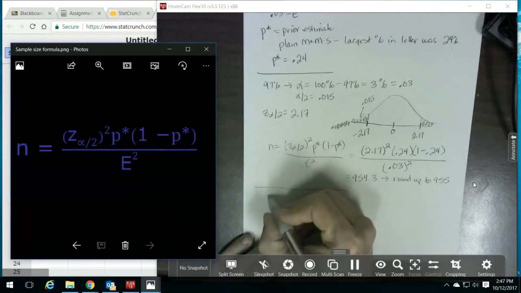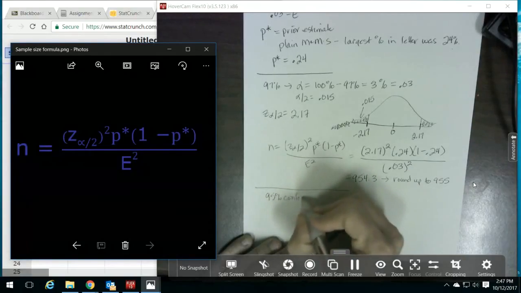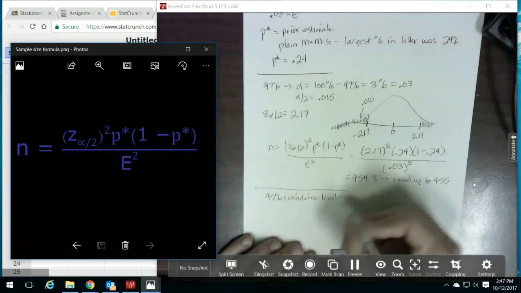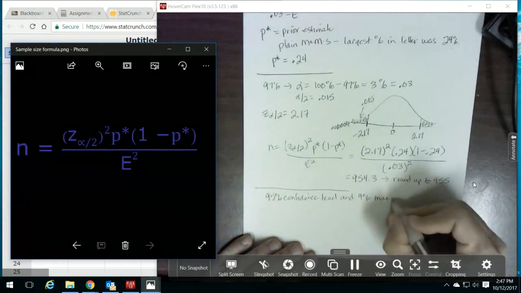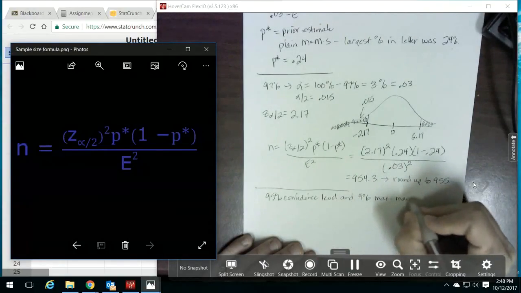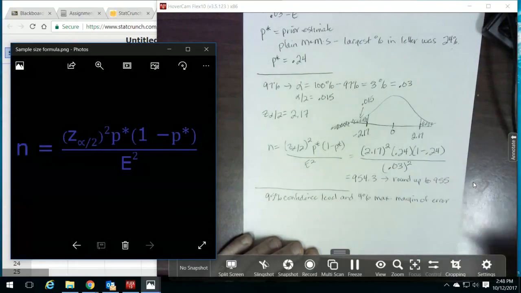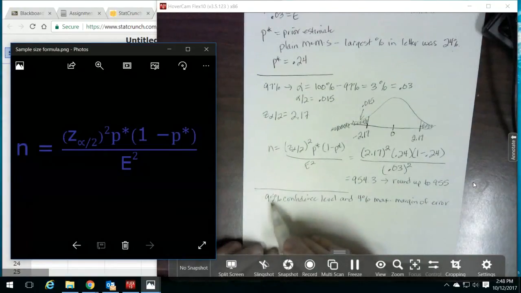Let's say that I decide to use a 95% confidence level and 4% maximum margin of error. Okay, so that means I have to go back and recalculate some things.